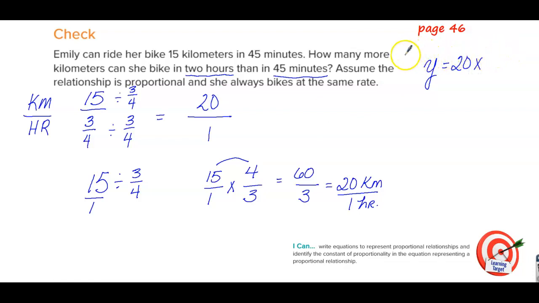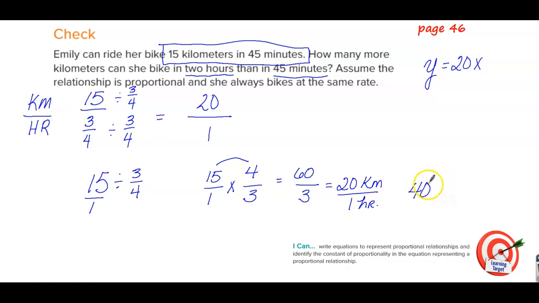It wants to know how many more kilometers she can bike in 2 hours than in 45 minutes. Well, we know she can do 15 in 45 minutes. What we don't know is how many she can do in 2 hours. But look at this. If she can do 20 in 1 hour, how much can she do in 2 hours? That's right, 40 in 2 hours.